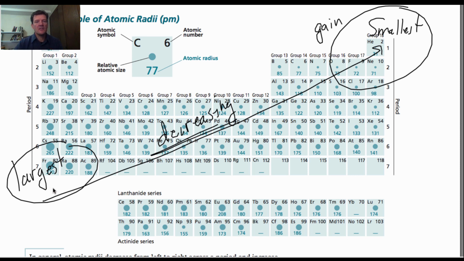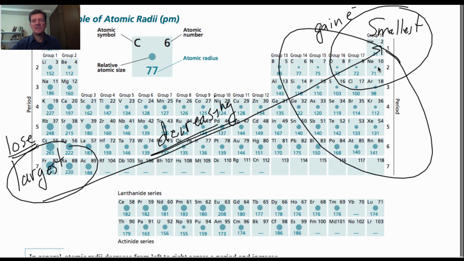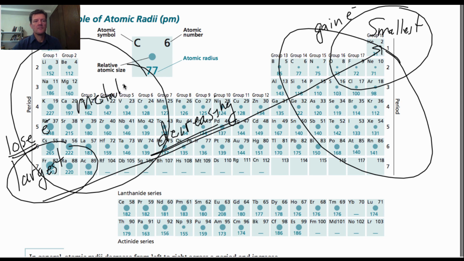Out here, they tend to lose electrons, because these metals are larger and their outer electrons are far away. So when more electrons come, there's not much of an attraction to the nucleus. These are all your nonmetals. Nonmetals like to gain electrons, and metals like to lose electrons. These are metals over here. Nonmetals over here.